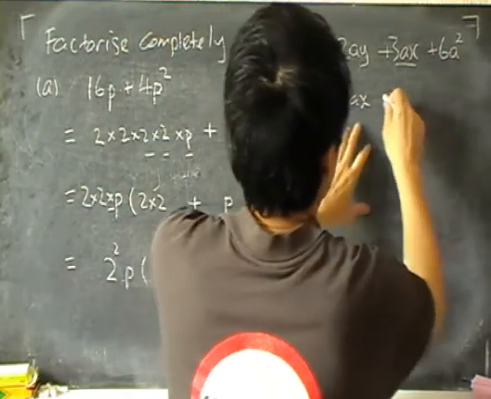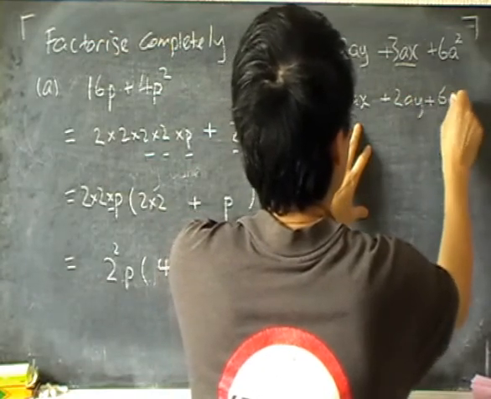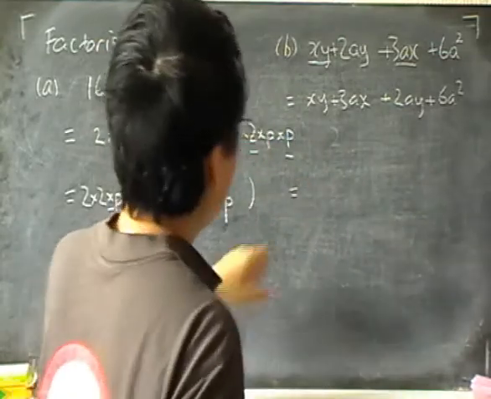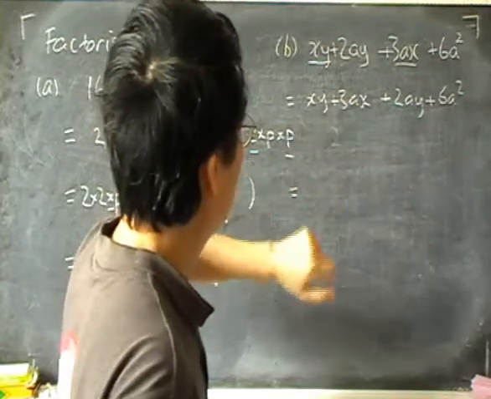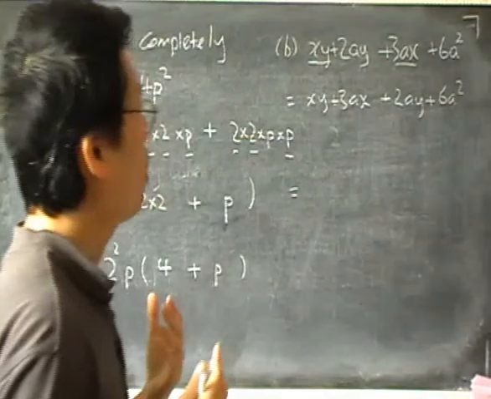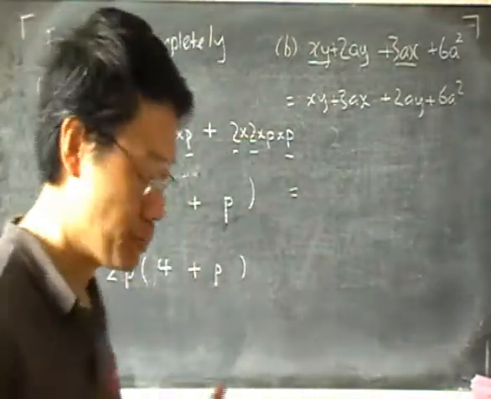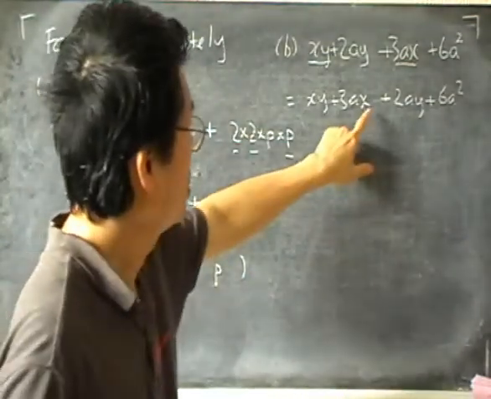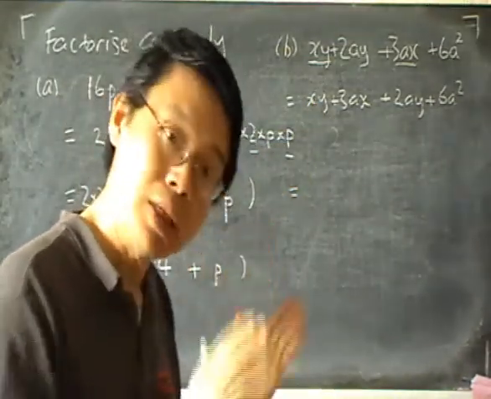And then put the rest to one side. This is what I have. I now have these two terms which both contain x. Now when we have two terms that contain x and we want to factorize it, the way is to take the x, the common factor, outside of a bracket.